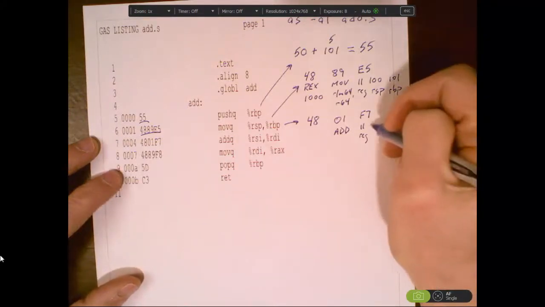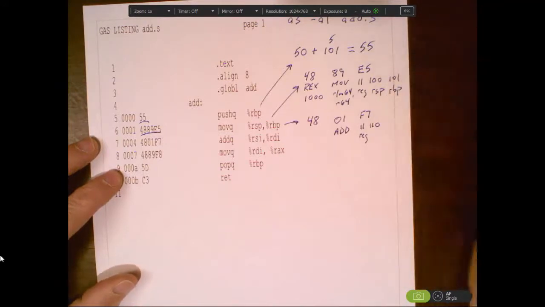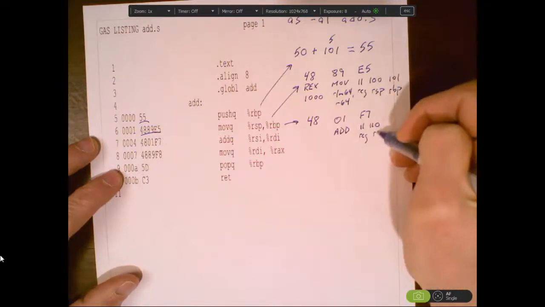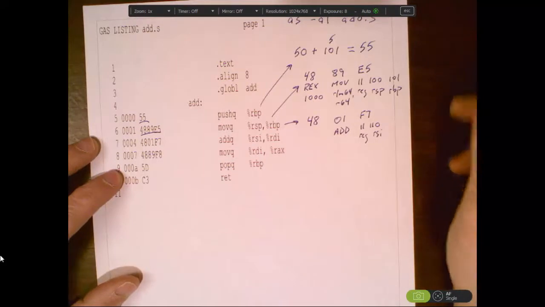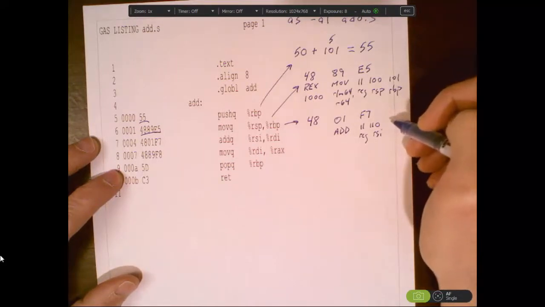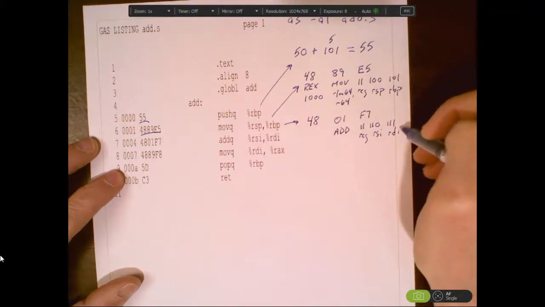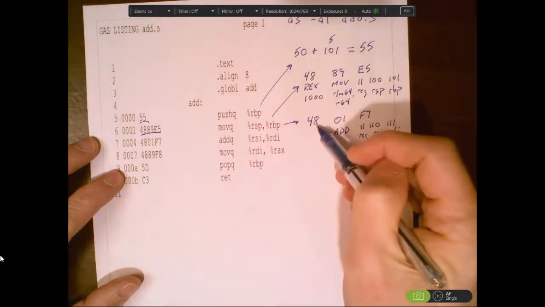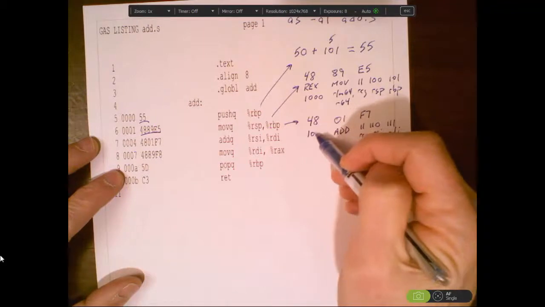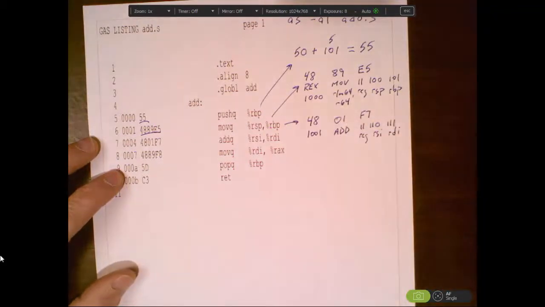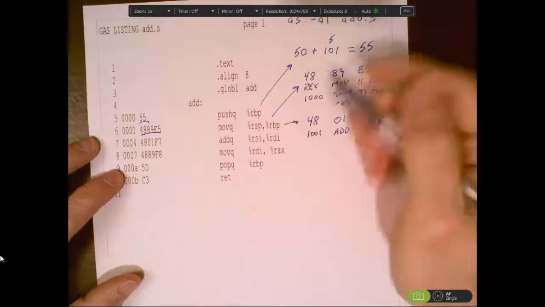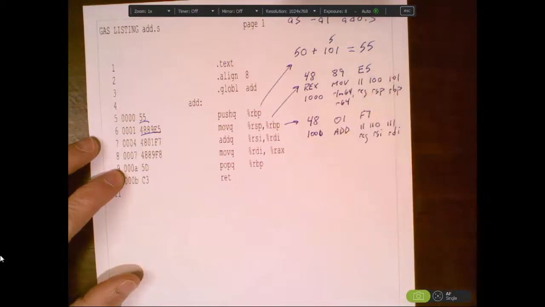And I have 110 indicating it's RSI, and 111 indicating RDI. Again, the bottom nibble of the REX prefix, sorry, that should be an 8, 1000.